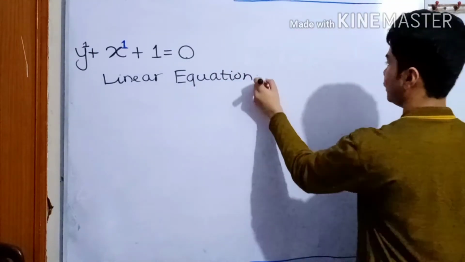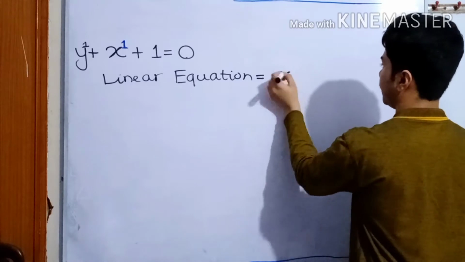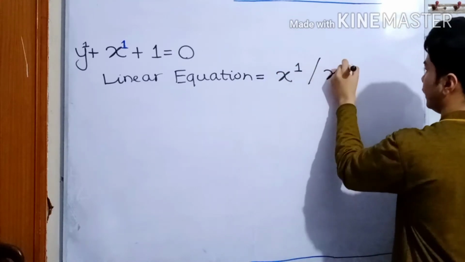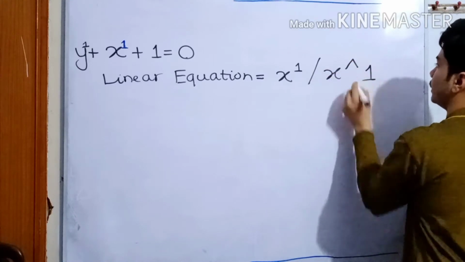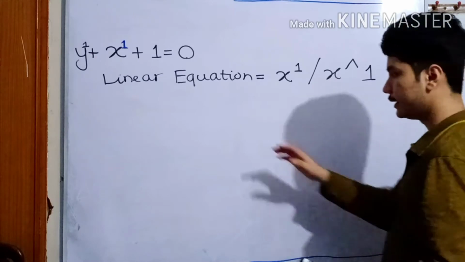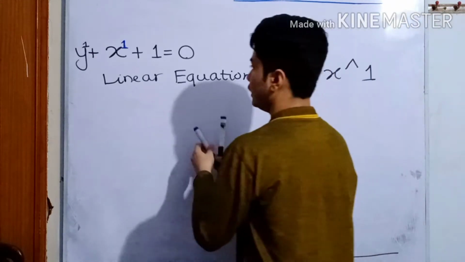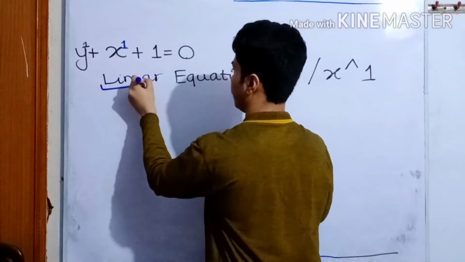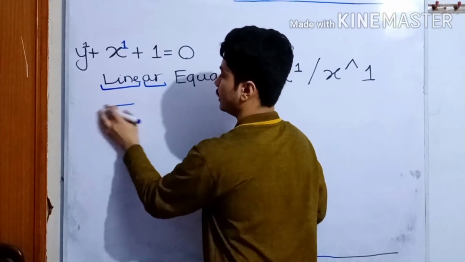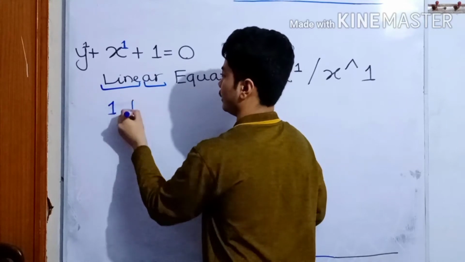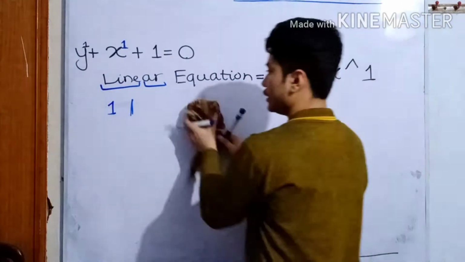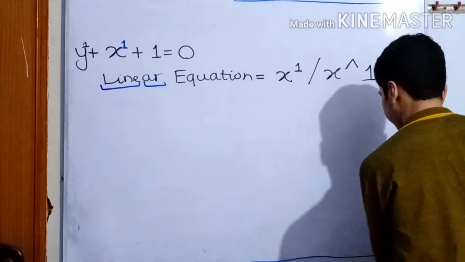In a linear equation, the power of x must be 1. Linear comes from line, and line means just a single one, just like 1. That is why we call it a linear equation. There is no more logical explanation in it.